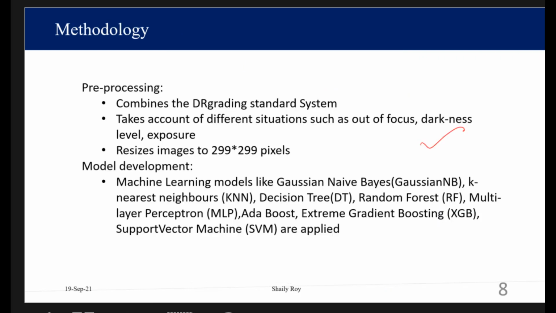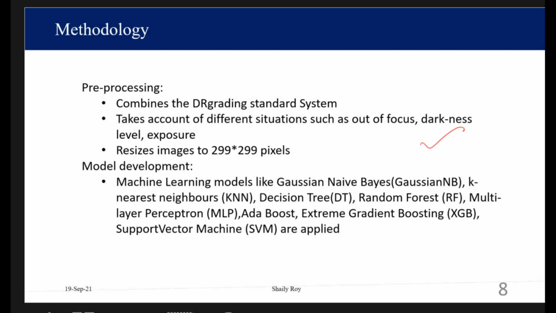So if I want to talk about our pre-processing, after fetching the dataset, the images are pre-processed using the pre-processing pipeline. The pipeline step combines the DR grading standard. The pipeline takes account of different situations such as out of focus, darkness level, exposure, etc. This process automatically discards low quality images.